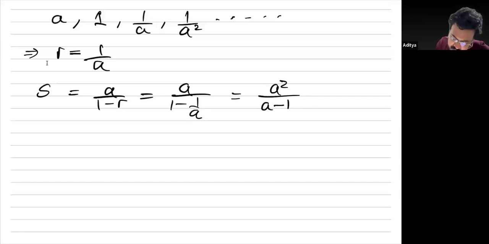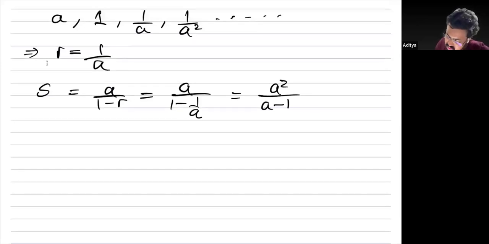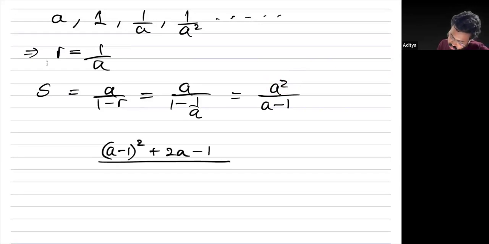Correct. So to solve this, first of all, we have a perfect square in the numerator. Divide it and get some remainder of this quantity in the numerator. What you can do over there is A square, you can write (A minus 1) the whole square plus 2A minus 1, upon A minus 1.